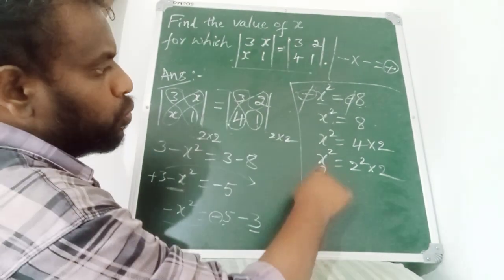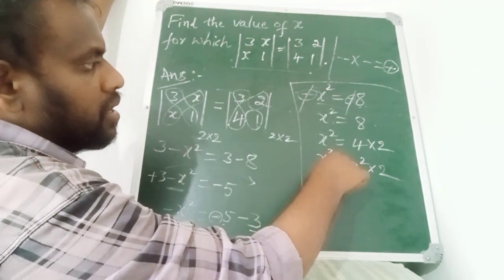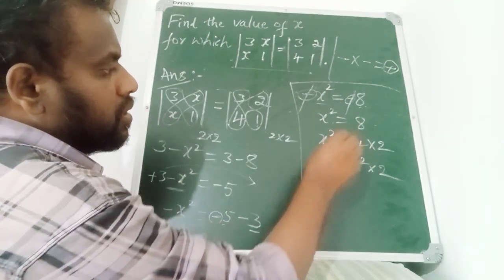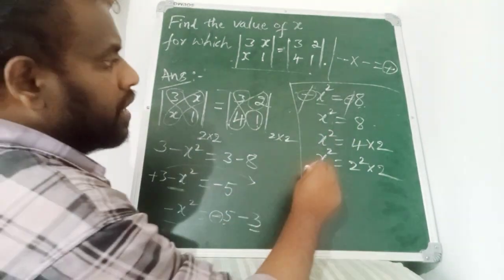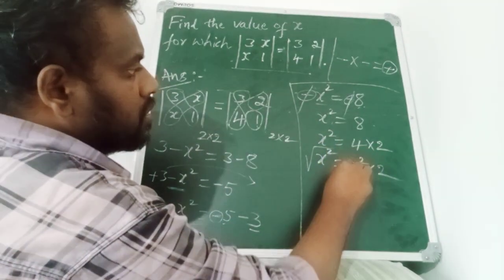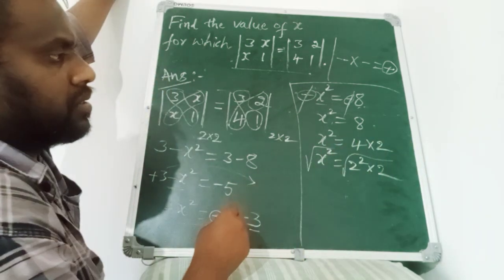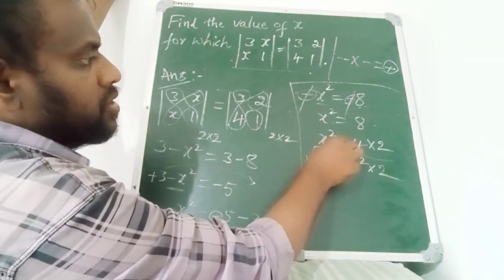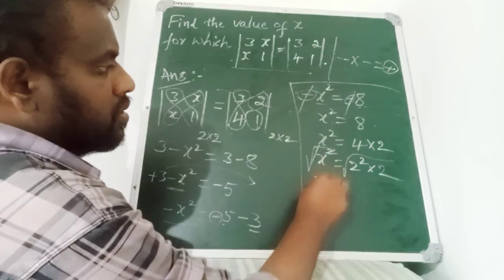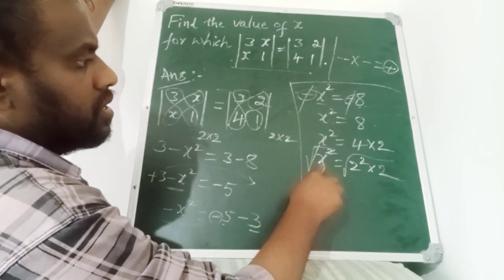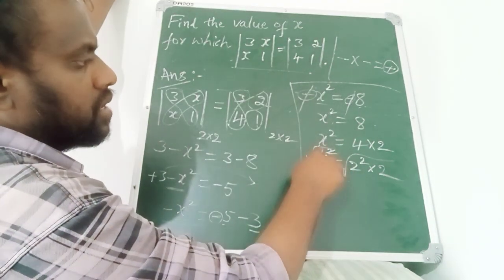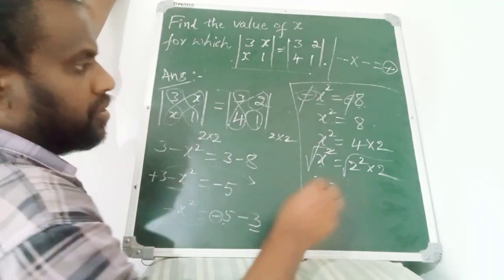Next, we want only x. We don't want this square. So you take the square root on both sides, like this. This square and square root cancel out. X is equal to, this x, this and this cancel out. What is left? X. X is equal to.